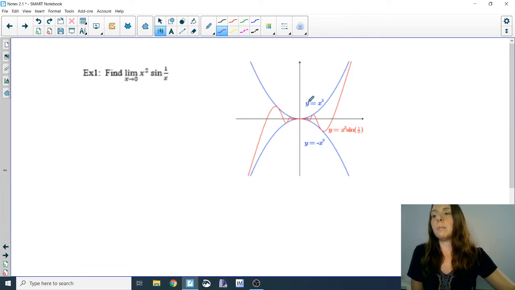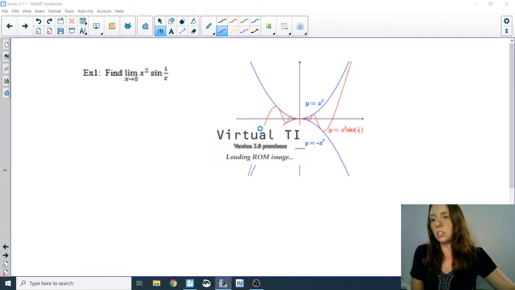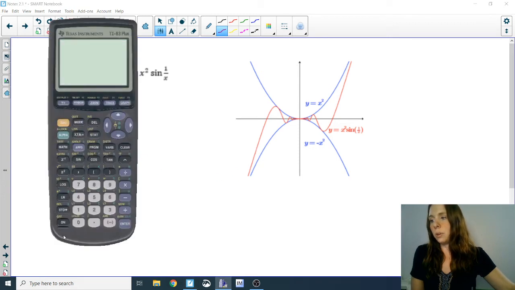Well, for beginners, sine and cosine are really good functions to start with when learning the sandwich theorem, because sine and cosine have known range values that are real numbers. So think about the graph of, let's start with something very simple, y equals sine x. Just in case you can't visualize it, I'll put it here. Y equals sine of x.